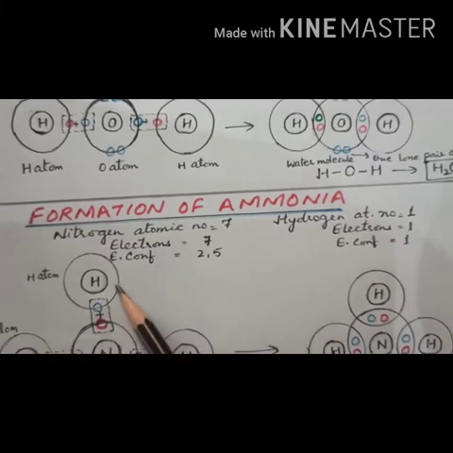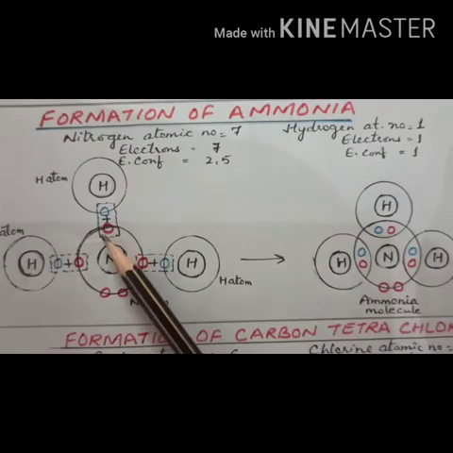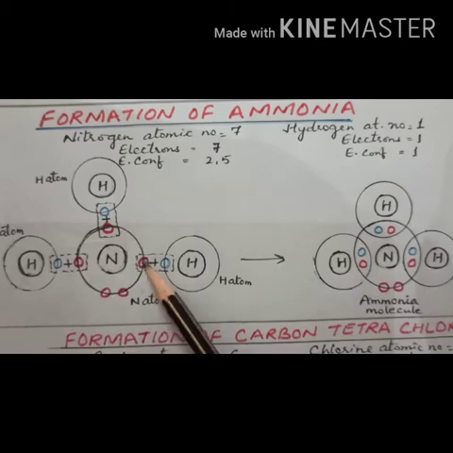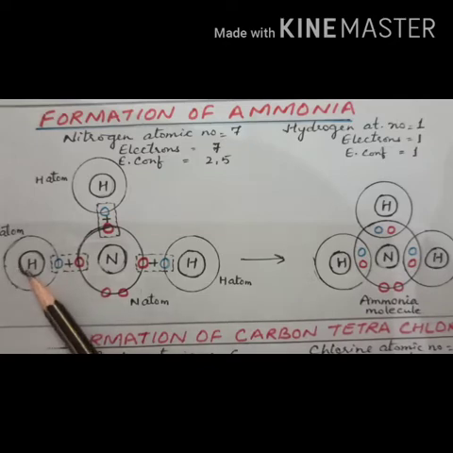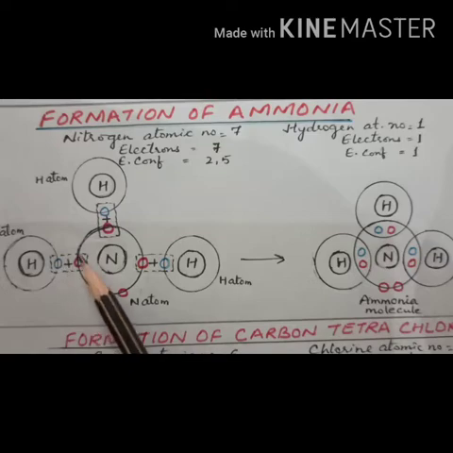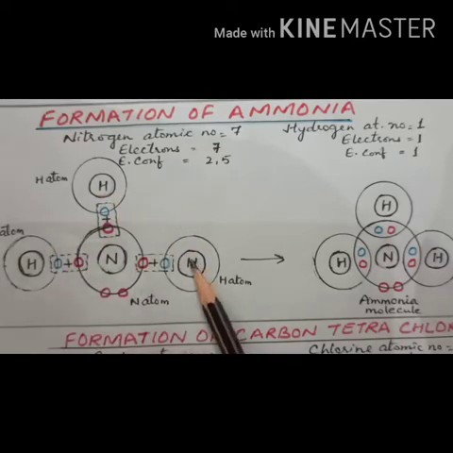But just see nitrogen. In nitrogen, how many electrons are in the outermost shell? 5. Right? It needs 3. But if it combines with only 1 atom of hydrogen, it gets only 1 electron. So what happens?